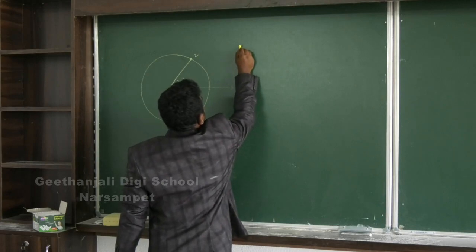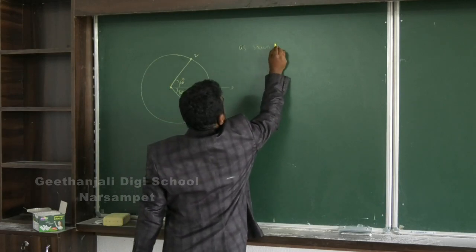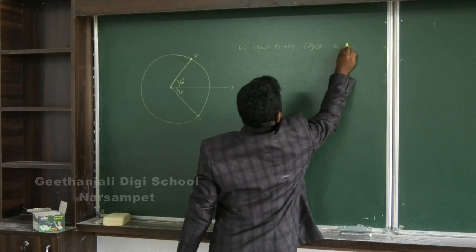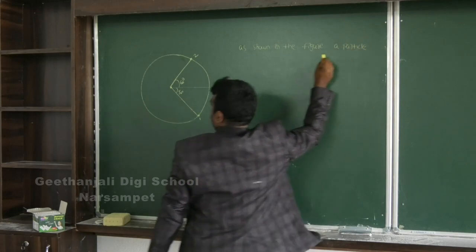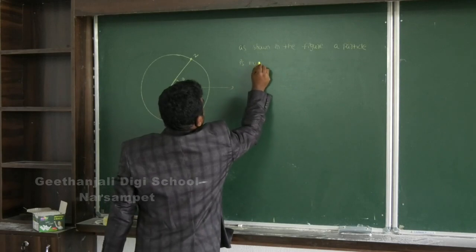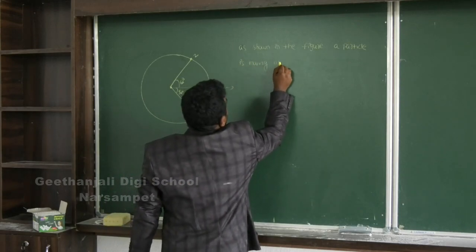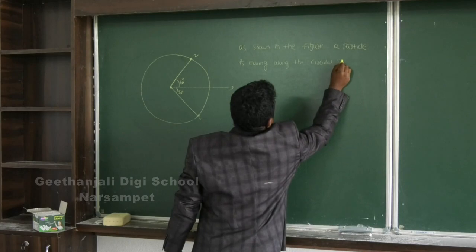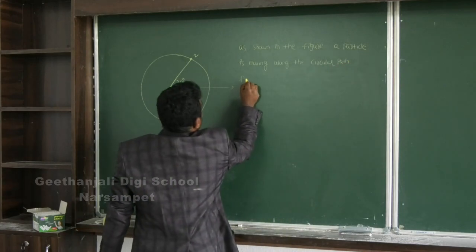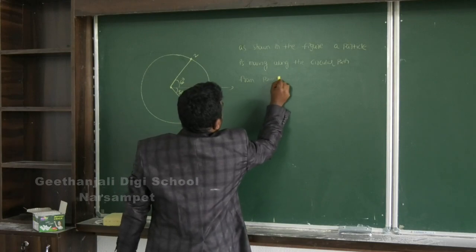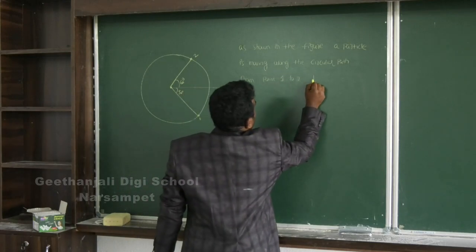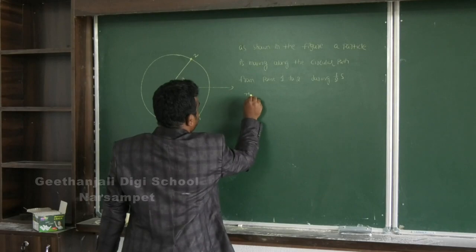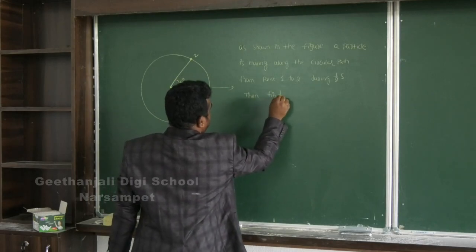As shown in the figure, a particle is moving along the circular path from point 1 to 2 during 1/2 second.